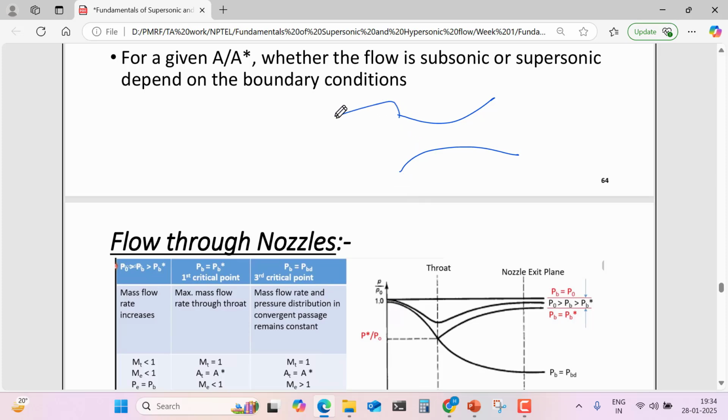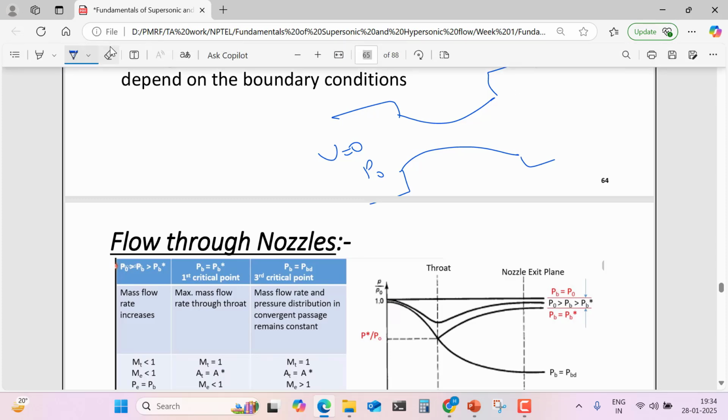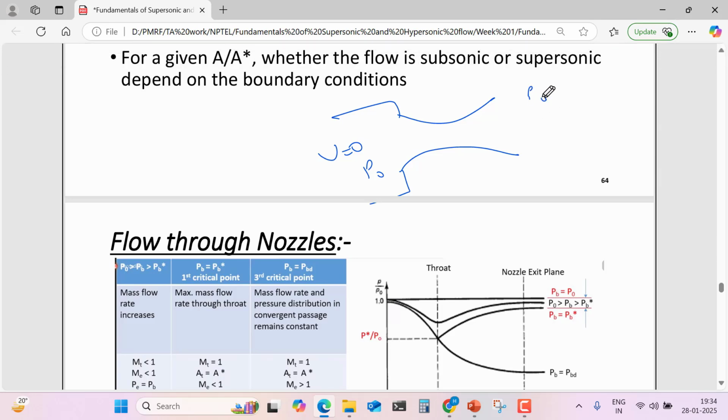Now this is the stagnation condition, at stagnation velocity equal to 0, and this is p naught. Let's say here the pressure is p naught and we start decreasing from that.